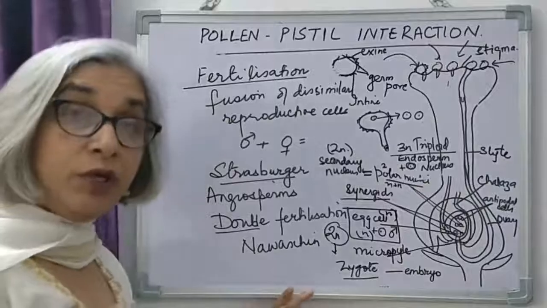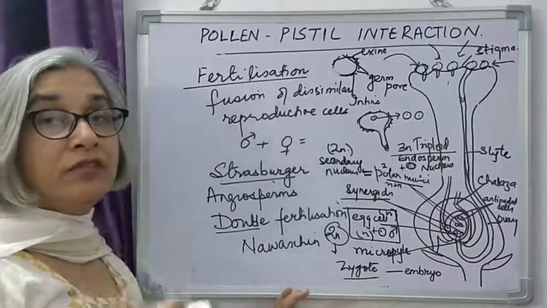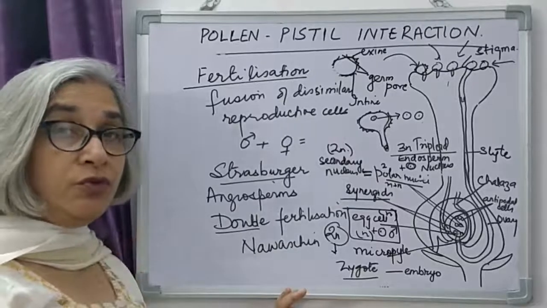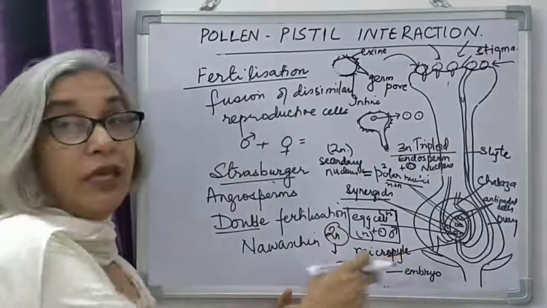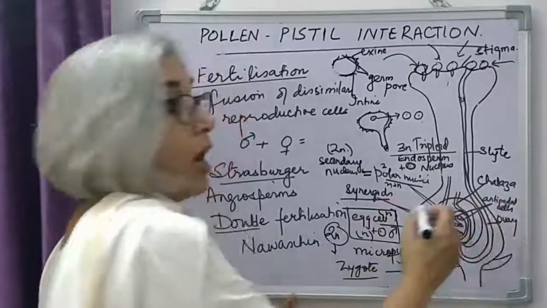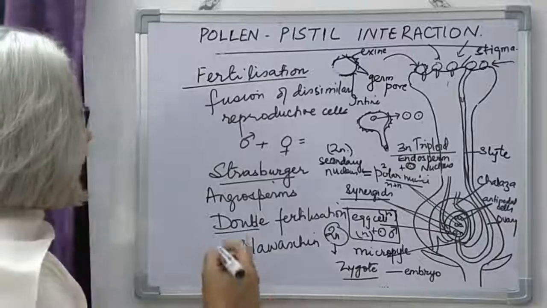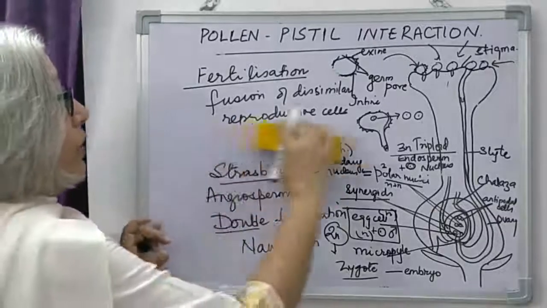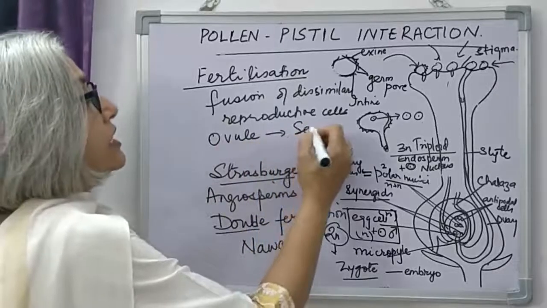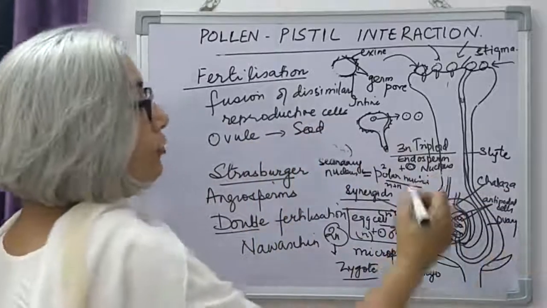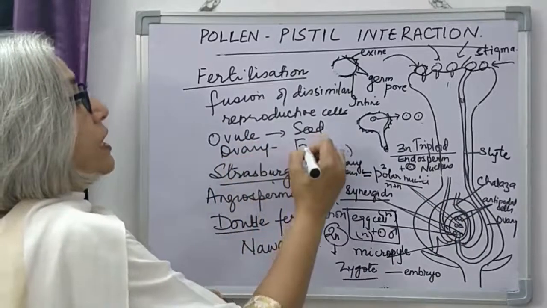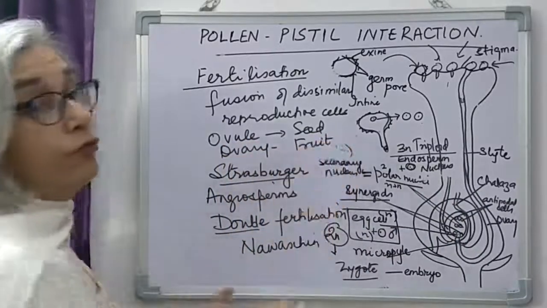What is the endosperm? Endosperm is the nutritive tissue which is going to provide nutrition to the developing embryo inside the seed. The ovule, after the process of fertilization, forms the seed, and the whole ovary after the process of fertilization results in the formation of fruit.